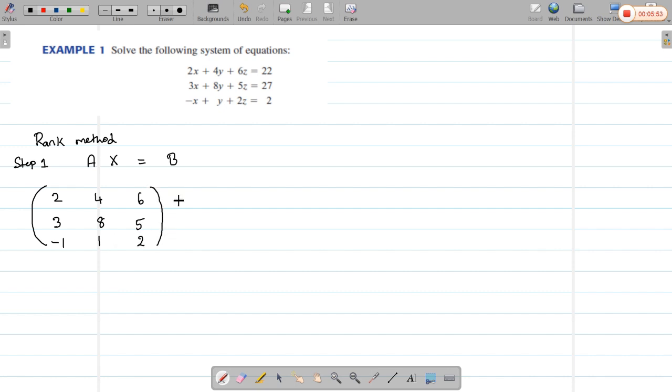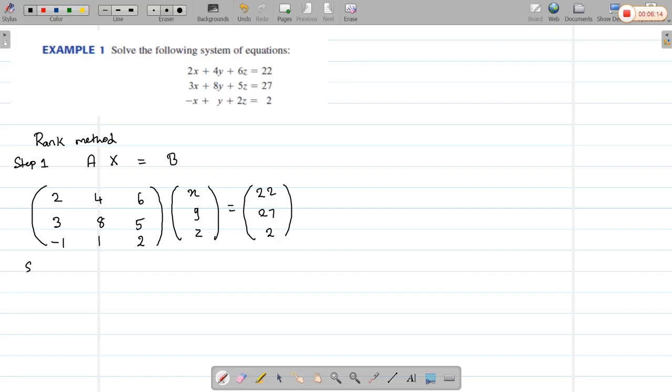Multiplied with the unknowns x, y, z, which is what we need to find, and that is equal to b. What is your b? 22, 27, 2. So this is your step 1.